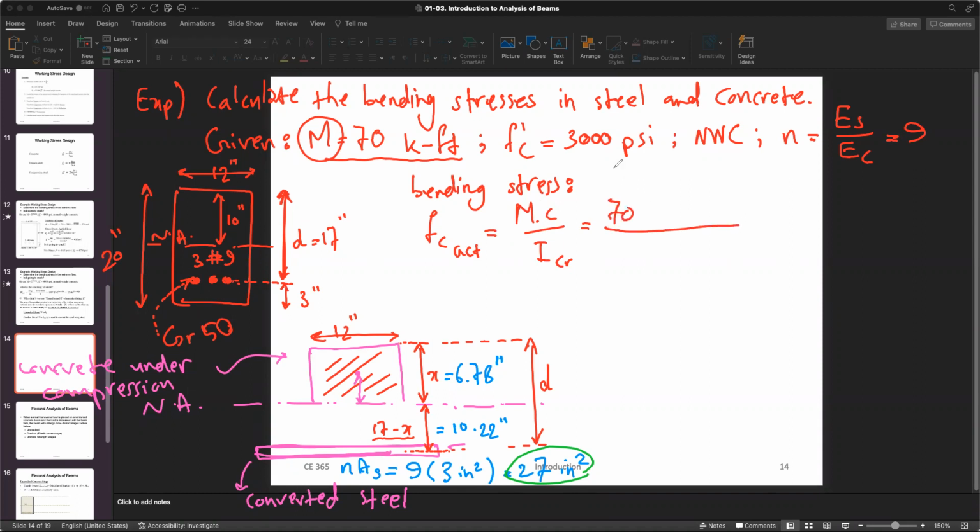Your bending moment is 70 kip-feet, times 12 times 1,000 to make it pound-inches. What is c here? This is c, because it's your neutral axis, so c would be 6.78 inches. The cracked moment of inertia we just calculated is 4,067 inches to the fourth. So the answer to this would be 1,400 psi.